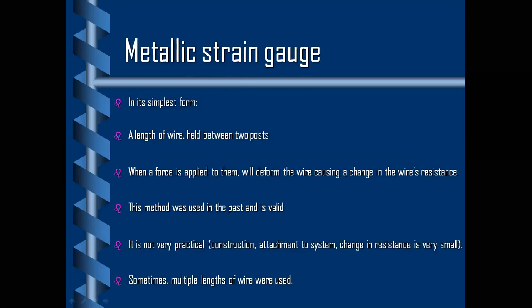Metallic strain gauge is the simplest form, a length of wire held between 2 points. These are the 2 points, and between these 2 points this wire has been suspended, and if you apply force on this one, it will get stress or strain, depending on which its resistance will increase or decrease, due to compression or elongation.